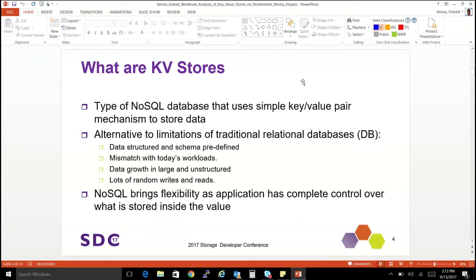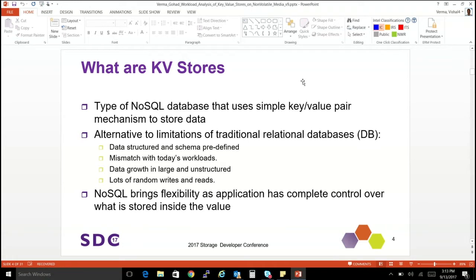In today's world, data is unstructured, and there are a lot of random read and random write IOs happening with these relational databases or whatever database we use. So key-value store is an alternative.